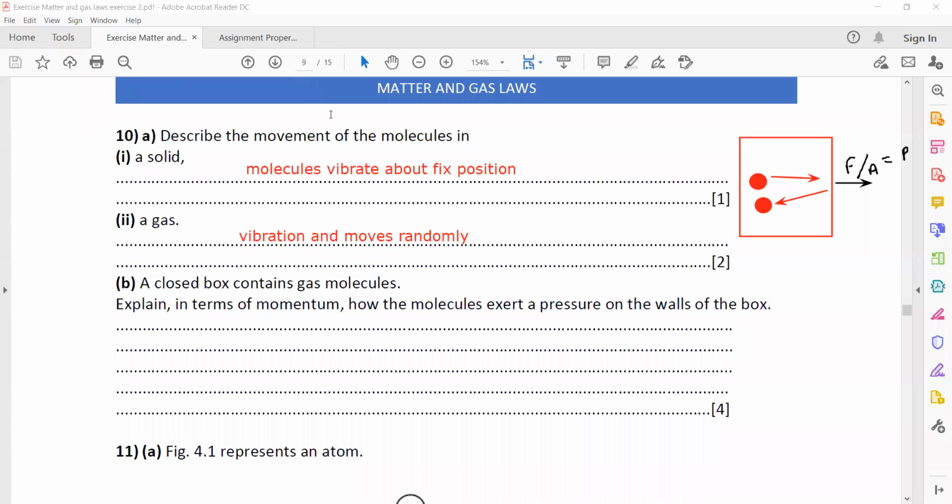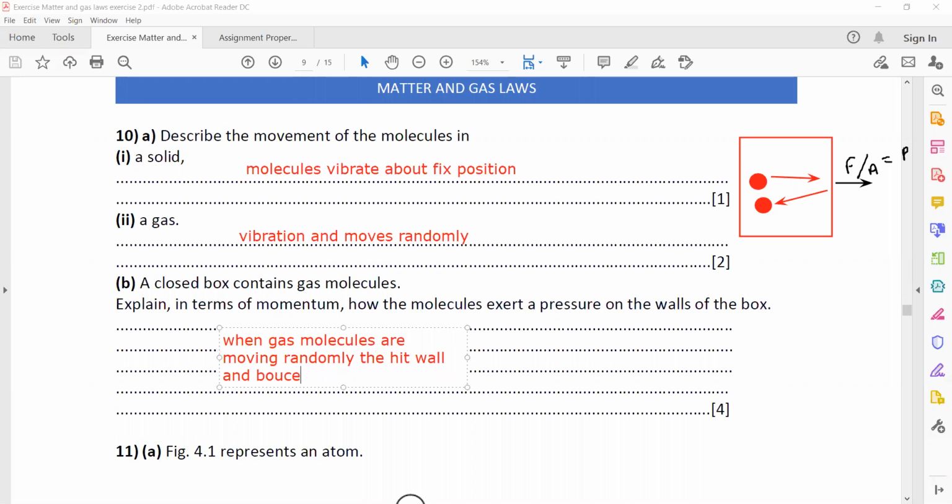So how will you write this answer when gas molecules are moving randomly? They hit the wall and bounce back, which changes the momentum, because momentum is a vector quantity. So if the direction changes, the momentum will change.